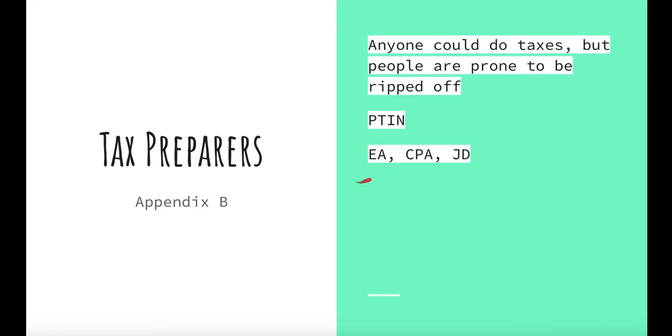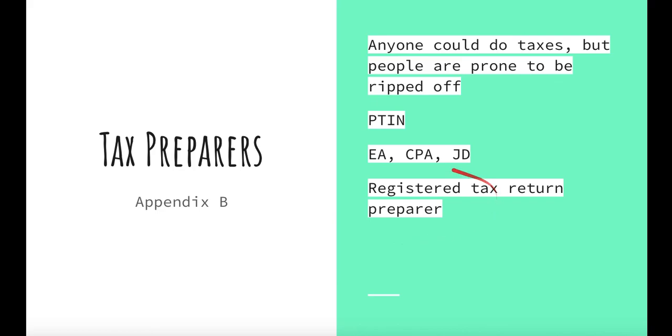I am an enrolled agent. Only EAs, CPAs, and lawyers can file business returns. A few years ago, they tried to get all tax return preparers to have some sort of oversight and registration. And so the registered tax return preparer designation was created, abbreviated RTRP.